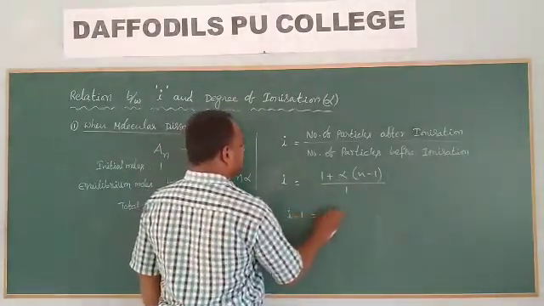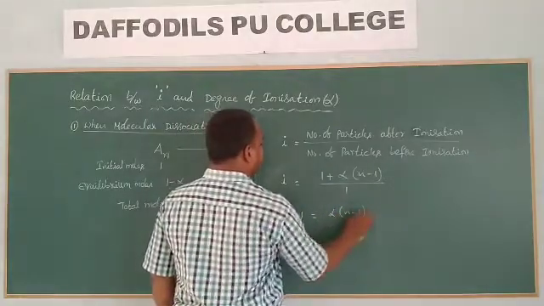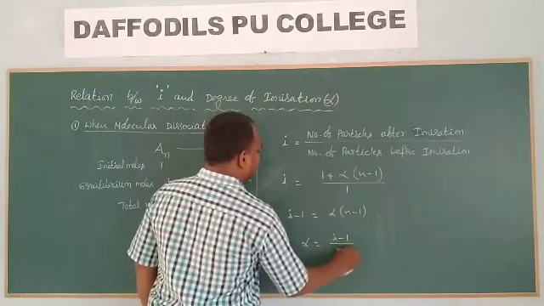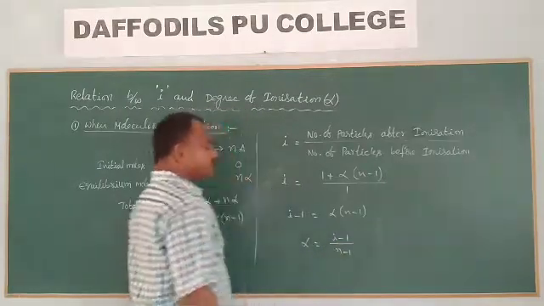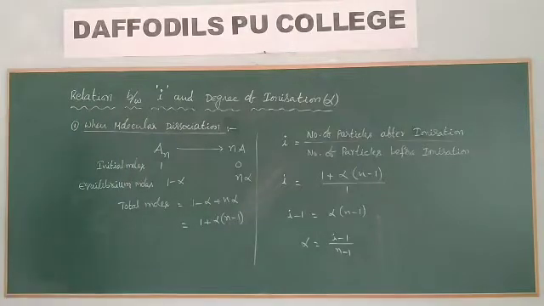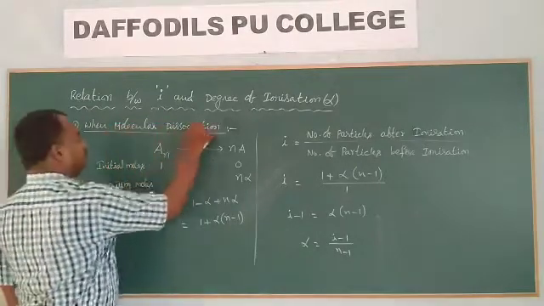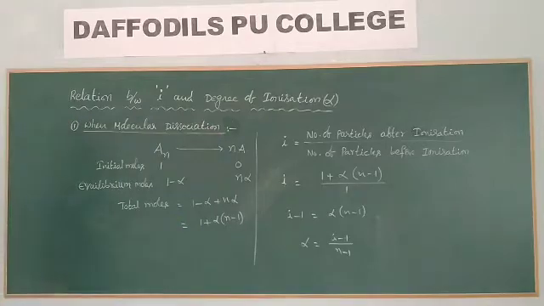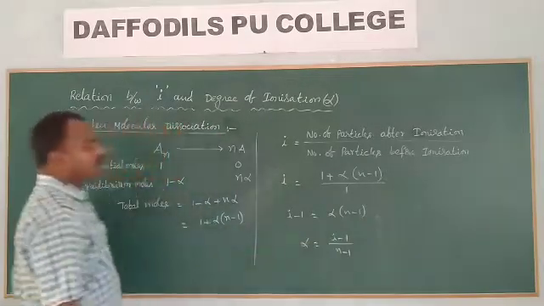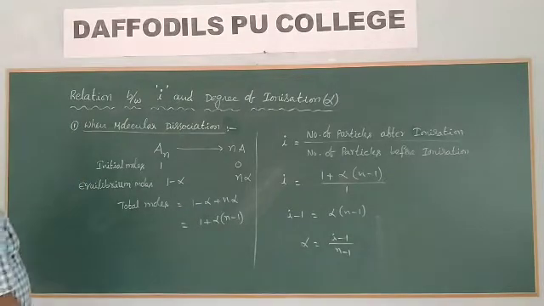So i minus 1 is equal to alpha into (n minus 1). Alpha is equal to (i minus 1) by (n minus 1). So this is the relationship between alpha and i when molecular dissociation is taking place.